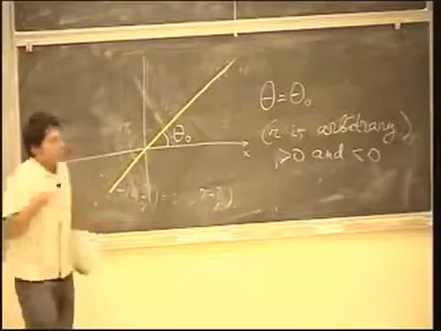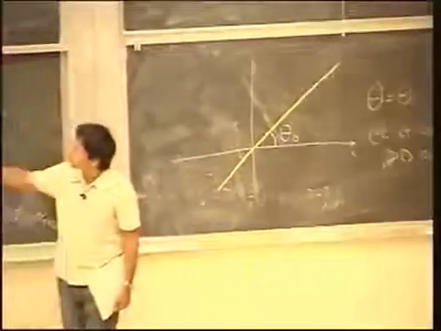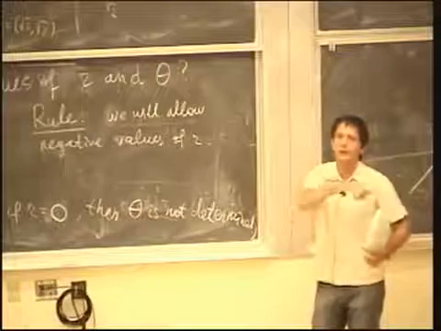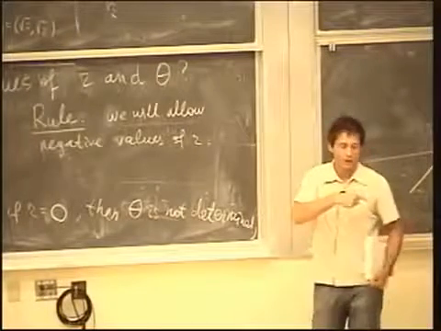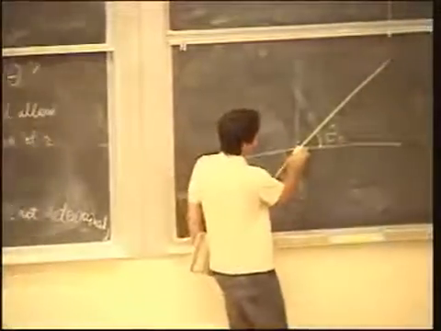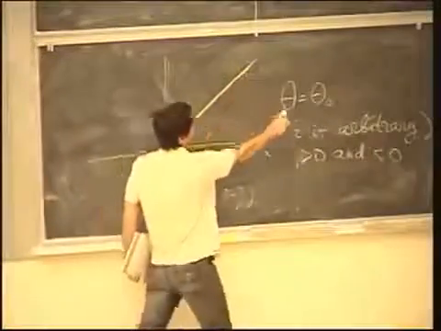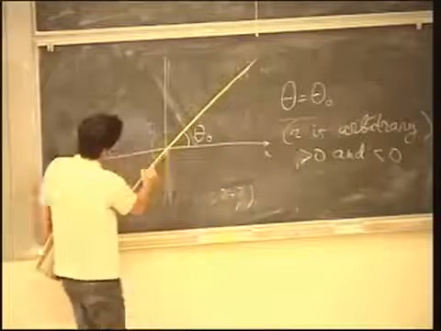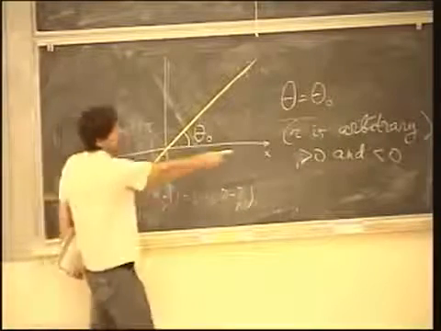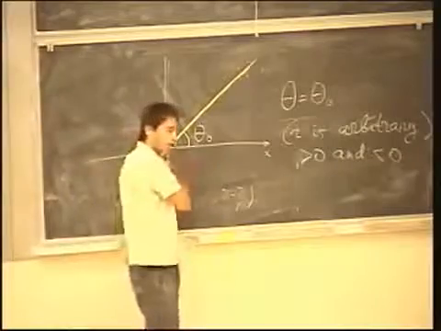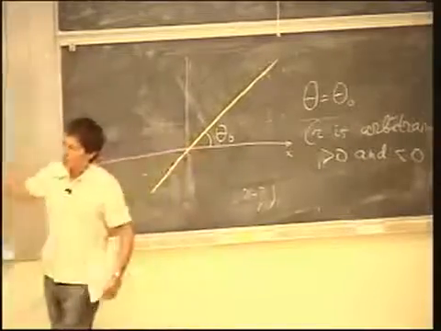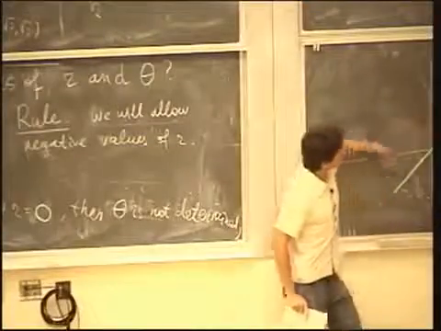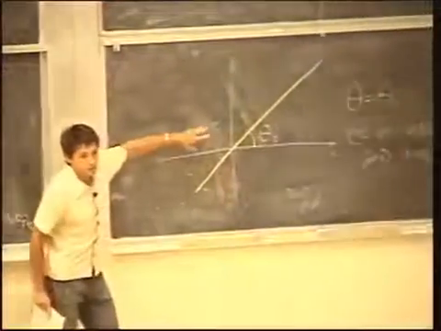But if we allow r to be negative, and we plot points with negative r's the way we just discussed, then not only half a line will be represented, which would correspond to positive r, but also the second half of the line will correspond to negative values of r. So this is the advantage of this rule: we have a nice representation by an equation of the entire line like this, and not just half a line.